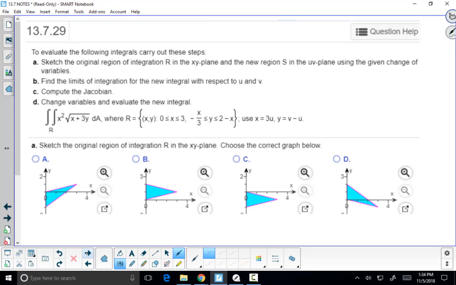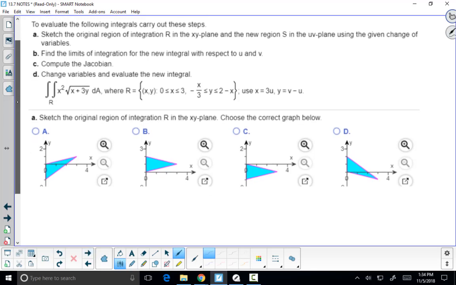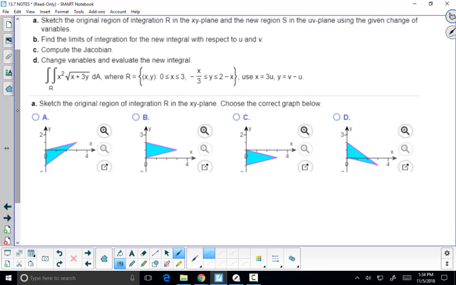Okay, sketch the original region in the xy plane. When we look at this, x goes 0 to 3. Y goes from negative x over 3 to 2 minus x. That means we're thinking about a vertical element, because the vertical element has a y value on top and a y value on the bottom.